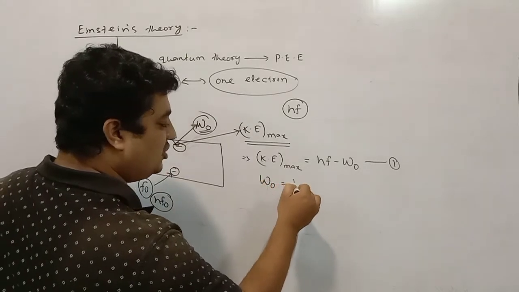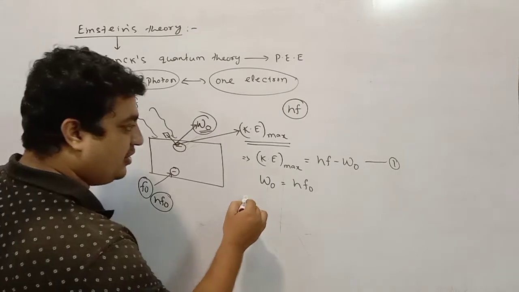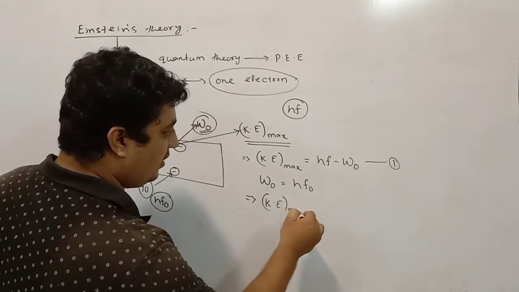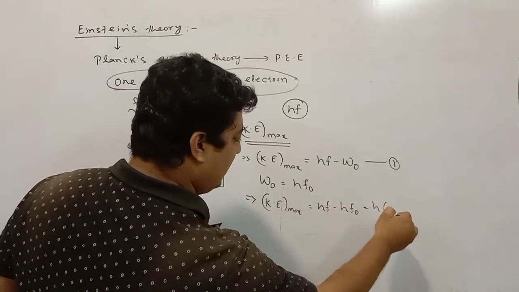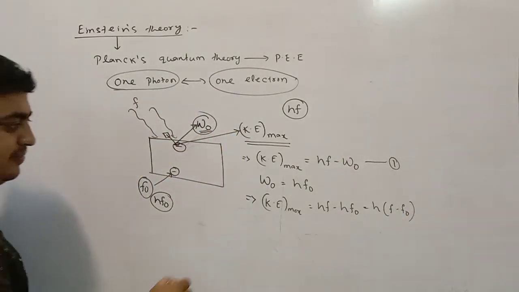So we can substitute W0 equals hf0. That implies K max equals hf minus hf0. We can write it as h times f minus f0.